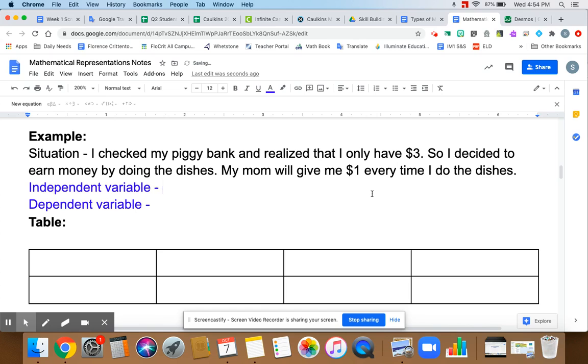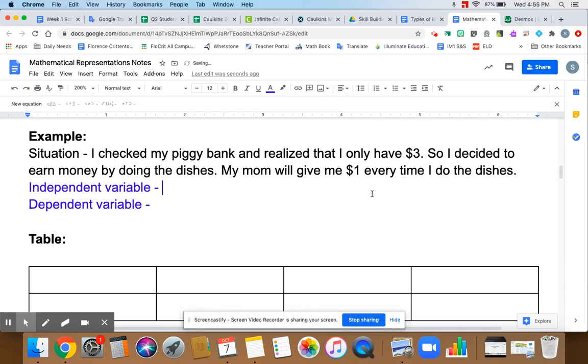An independent variable is something that exists no matter what, and it's usually about time. In this case, do you see time anywhere? Well, I don't see the words years, days, months.